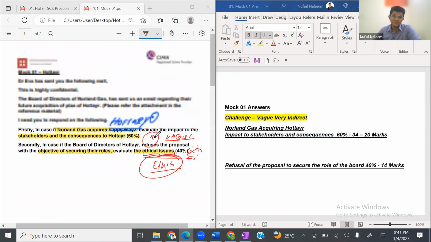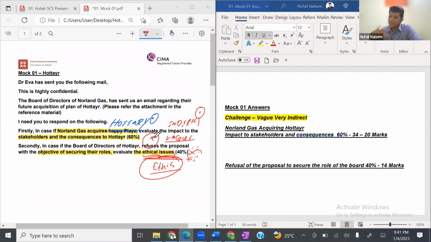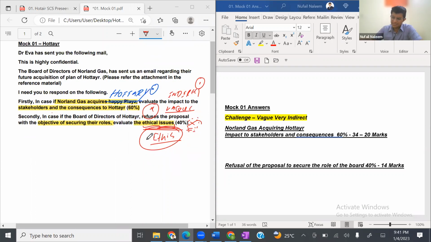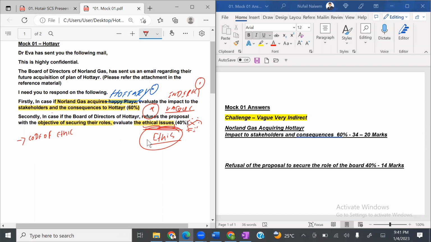Now, students, Anushka, can you recall any technical models or frameworks after reading these questions? For ethical issues, I can say the code of ethics. Other than that, any other models that came to your mind while reading the question? Not really, sir. Any other students in the class, any models that reflected in your mind?